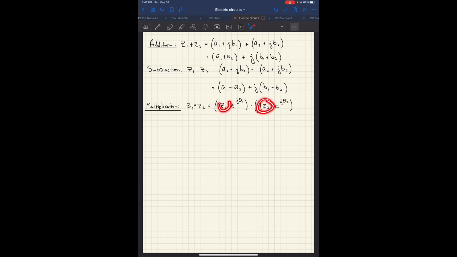So the magnitudes are going to multiply, right? It's going to be z1 times z2. And we multiply the exponentials. So e to the j theta 1 times e to the j theta 2 is going to be the same thing as e to the j theta 1 plus theta 2.